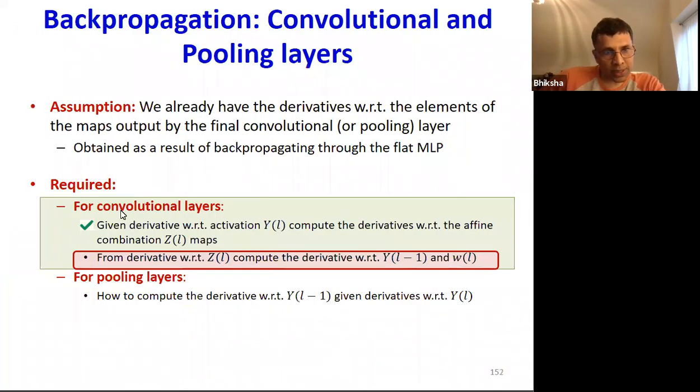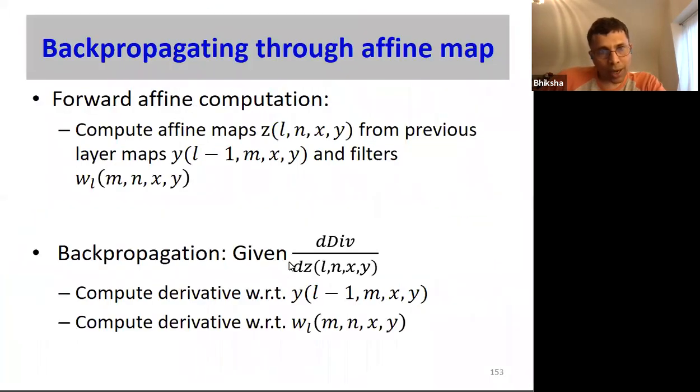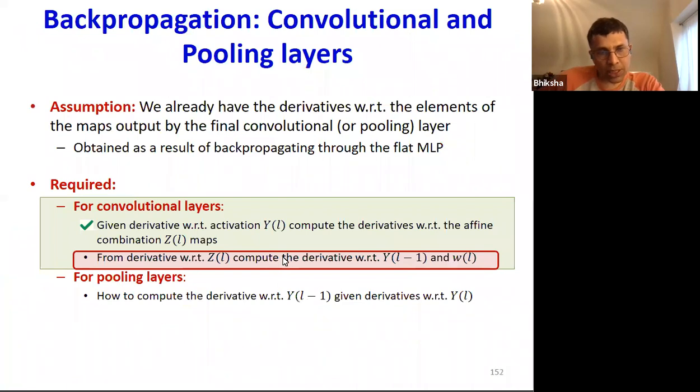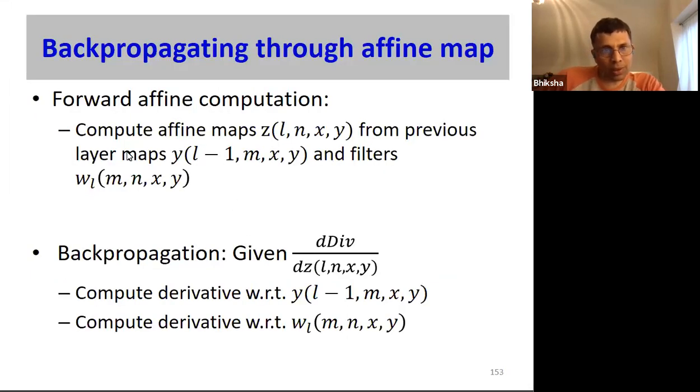So we figured this first step out. And where we had stopped in the last class was how do you actually take the derivatives with respect to the affine maps in the Lth layer and propagate those derivatives backwards to compute the derivatives for the activation maps of the previous layer and the filters, the weights that operated on these to compute these terms. Again, in the forward computation, we compute these affine maps from the previous layer activation maps and the filters.